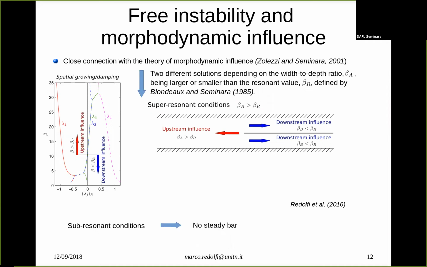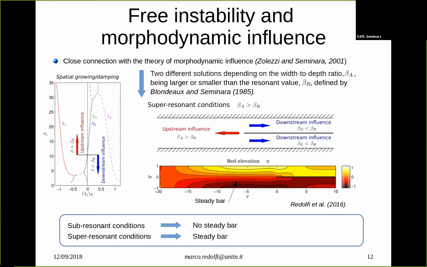And in this case, the bifurcation takes control of the system and is able to form a spontaneous steady bar just upstream here, that is responsible for the asymmetric solution we observed in the experiments. At least this is our interpretation that comes from this linear analysis of the shallow water equations.